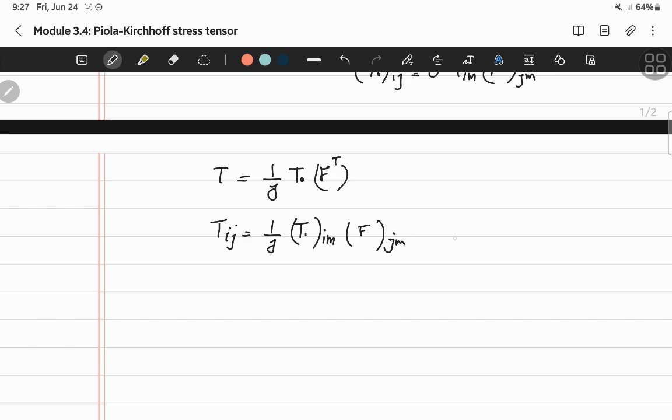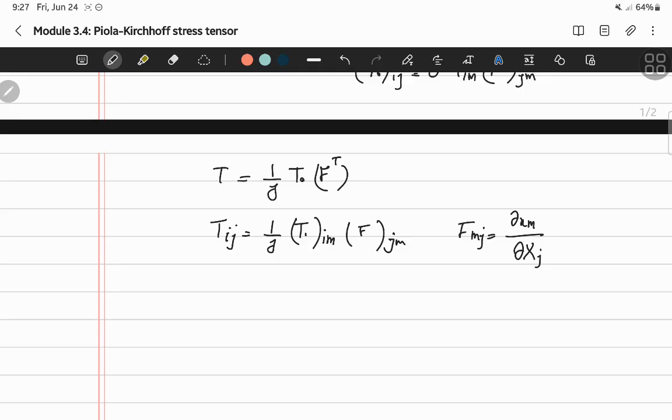And you should also remember that Fmj is basically the partial derivative of small x m with respect to capital X m j.